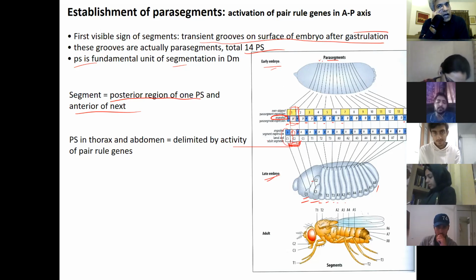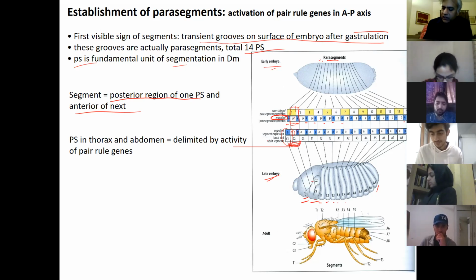If I ask you a question, I give you fruit fly imaginal discs, okay?